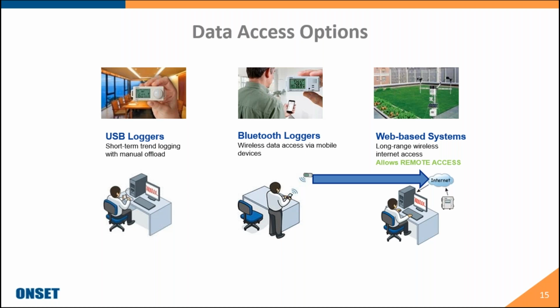Our Bluetooth data loggers, you simply download a free app to a mobile device, and as long as you get within 100 feet line of sight range, you'll be able to connect to that data logger to do your configuration and data offload. And with our web-based applications, all this information is pushed up to a cloud-based platform with either an internet or cellular connection.